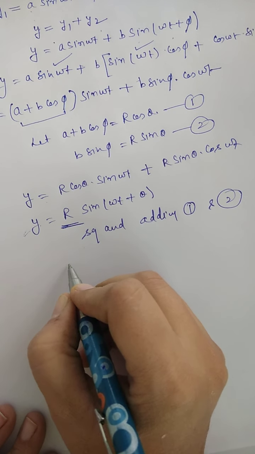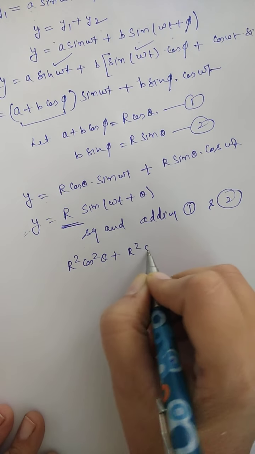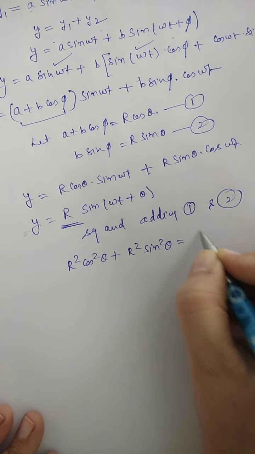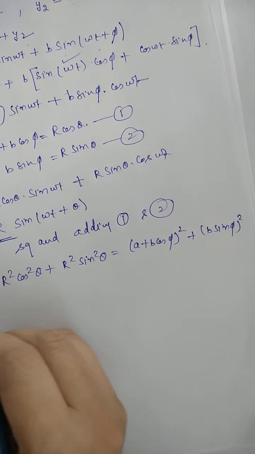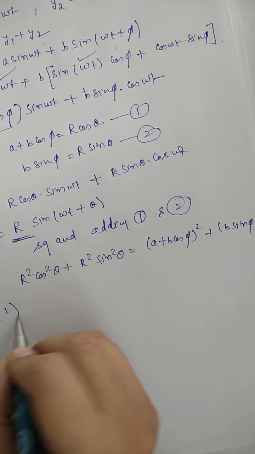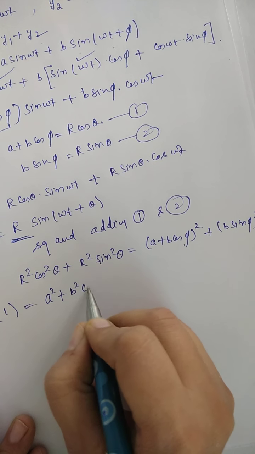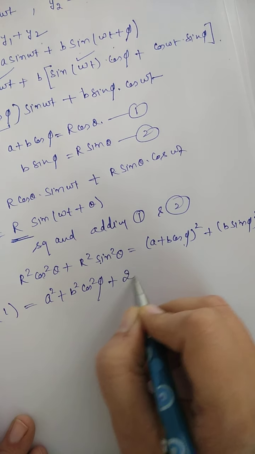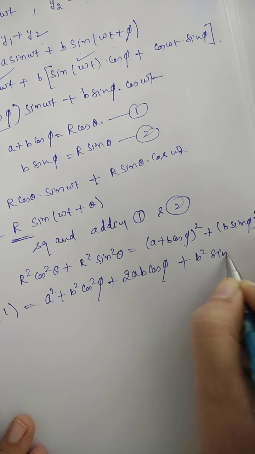This is R square cos square theta plus R square sin square theta is equal to (A plus B cos phi) whole square plus (B sin phi) whole square. So taking R square common, cos square theta plus sin square theta is 1. Solving this, A square plus B square cos square phi plus 2AB cos phi plus B square sin square phi.